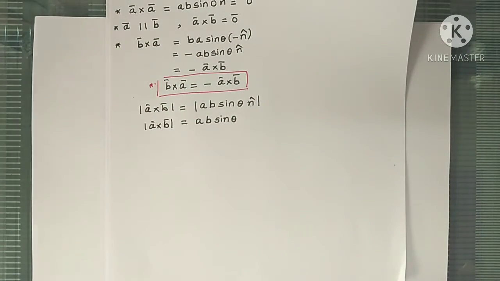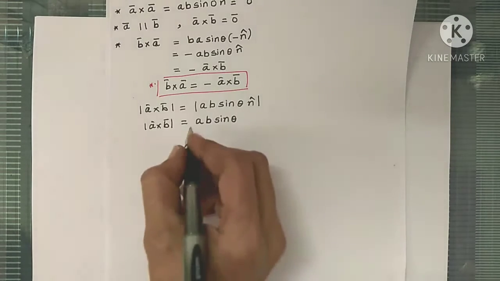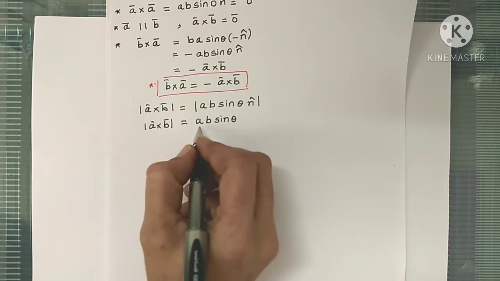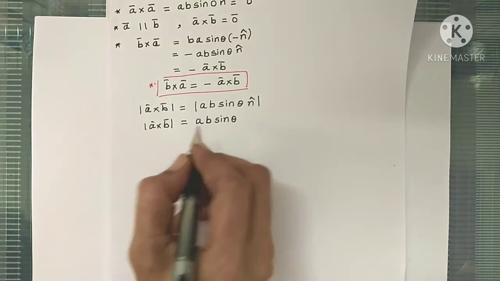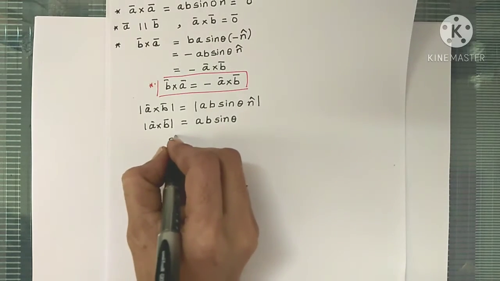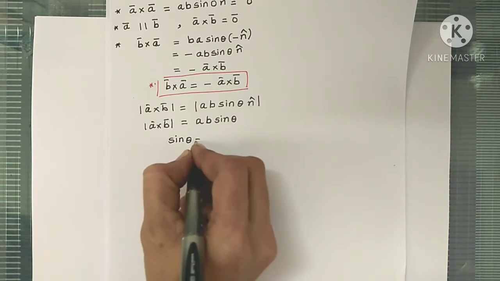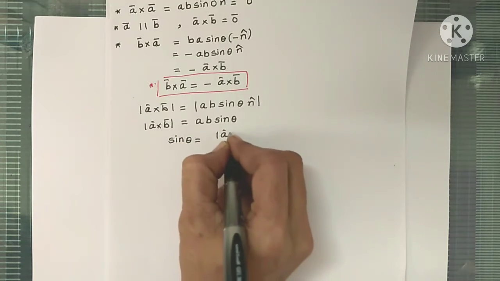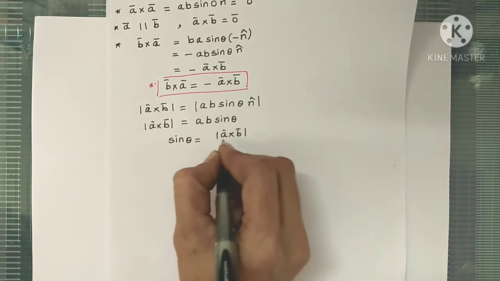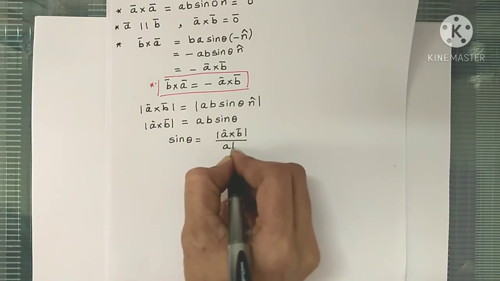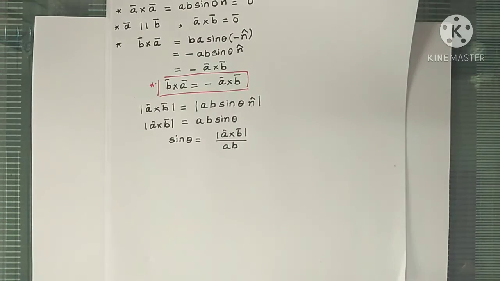So this remark gives us the value of sine theta. How? We can find sine theta by dividing both sides by AB. So the formula for sine theta now becomes modulus of A bar cross B bar upon AB. So this is the formula for sine theta.